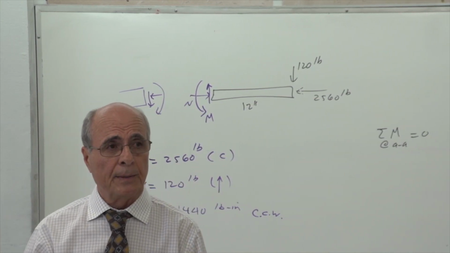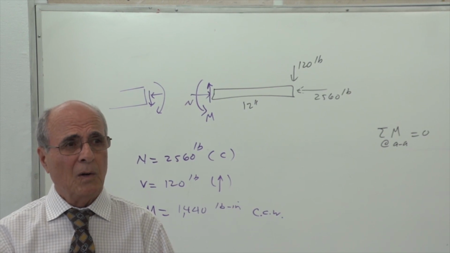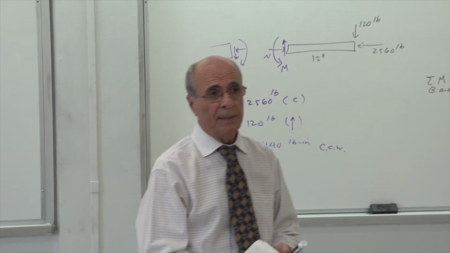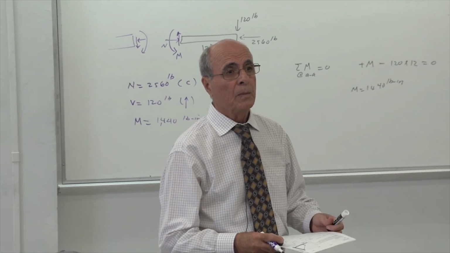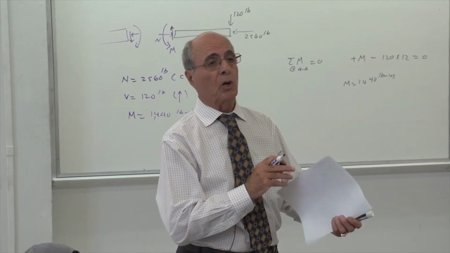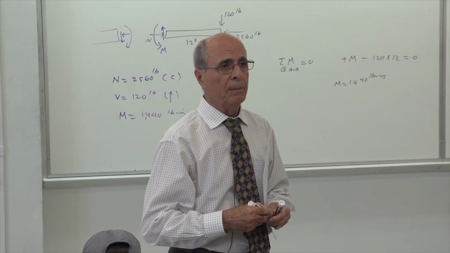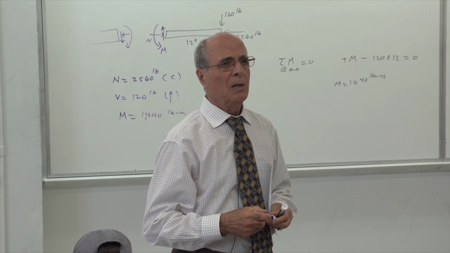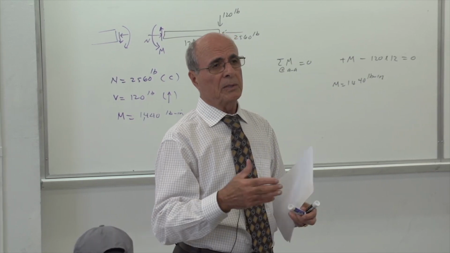Yes? I'm just curious for the answers. Should we be writing that information next to it as well, or is it implied by the problem? Excuse me? Like we have compression and then the arrow and then counterclockwise. Do you want that, or is it already showing in the problem? No, you have to draw it, because some people may draw it the other way. You have to draw M. Right, I mean when you wrote the answers. Yes. You have compression, the up arrow, and the counterclockwise. Wouldn't that be written next to it as well?